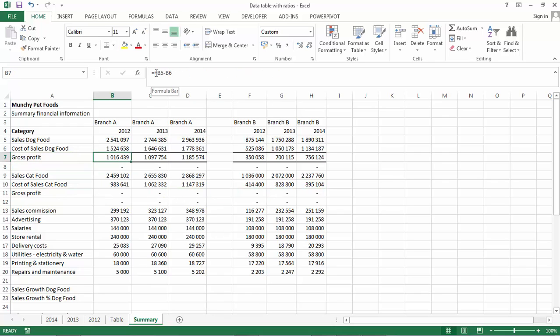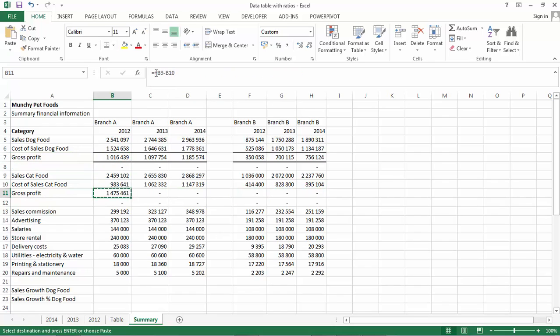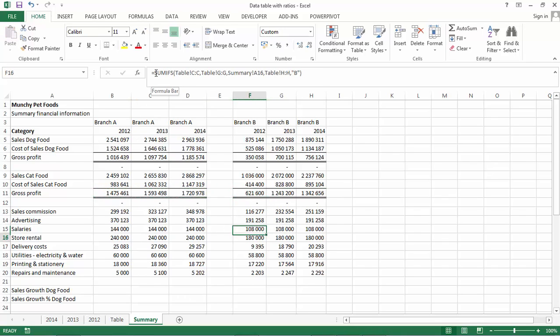We can take the formula we have up here, copy it down there, and we have our gross profit formatted in a total format. Okay, so typically the kind of things we want to see are sales growth percentage, gross profit percentage, expense percentage. From there, we'll then have enough information to build our ratios and our model.